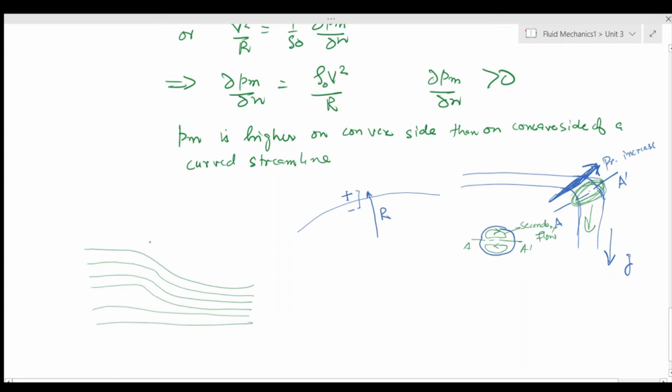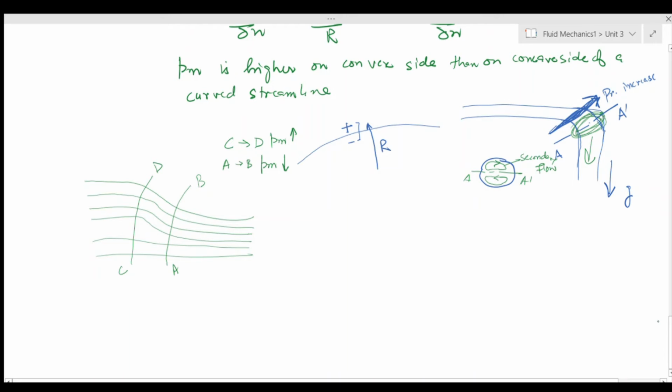So if I'm moving along CD or along AB, if I'm going from C towards D, I'm going towards the more convex side, so PM is increasing. And if I'm moving from A towards B, which is the concave side, my PM is reducing, it's decreasing.